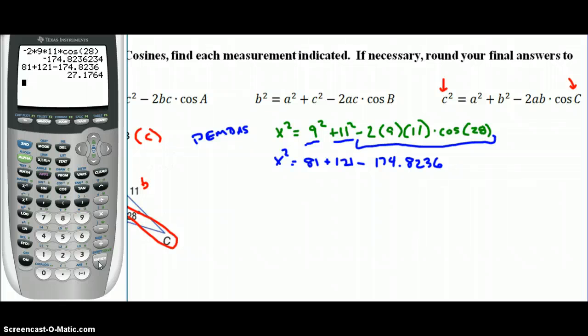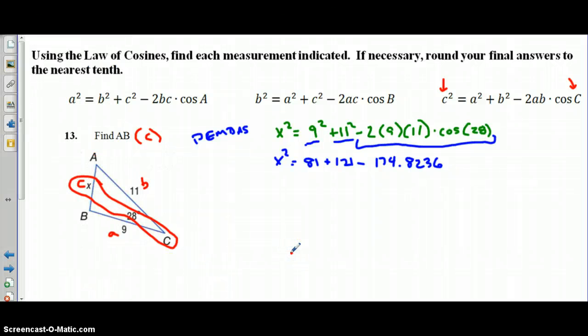So adding that to our notes, x squared is equal to 27.1764. Now that x squared is equal to one number, we can take the square root of both sides to undo the square.